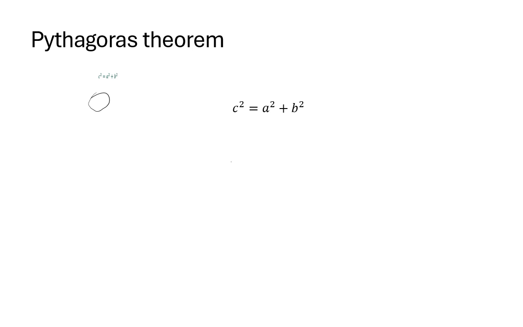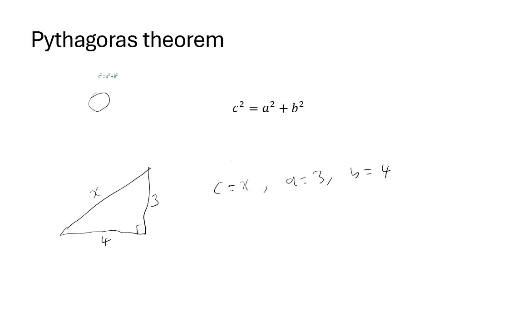For instance, as an example, if you have a right angle triangle like this, and maybe this side is 3, this side is 4, and you're asked to find x. Then we just use the Pythagoras theorem. Here our C is x, our A is equal to 3, our B is equal to 4.